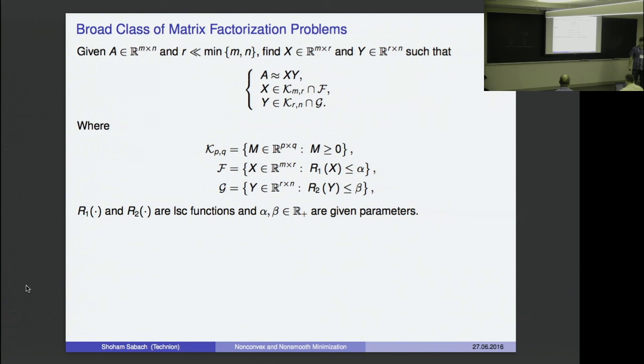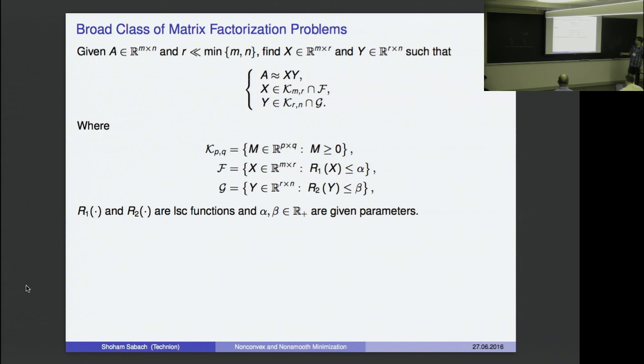Then you would like to approximate the matrix A by finding two non-negative matrices, X and Y. Except for the non-negativity constraint, we add another requirement on each individual matrix.